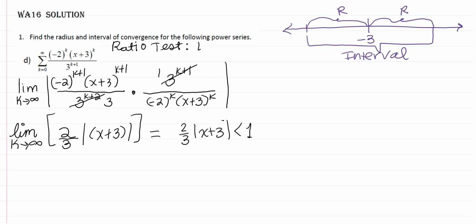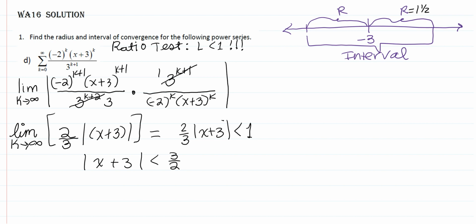You want that limit L to be less than 1. So when solving now for x, you would multiply by 3 divided by 2. We would have the absolute value of x plus 3 has to be less than 3/2. So your radius of convergence is going to be 1.5, or 3/2.